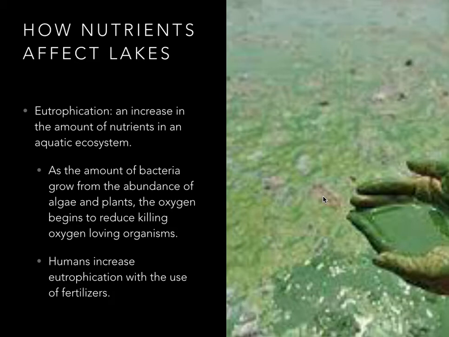And so when we have more algae growth, it's going to take away other elements from the ecosystem and kill off other organisms. So eutrophication is a big problem in our aquatic ecosystems. As the amount of bacteria grows from the abundance of algae and plants, the oxygen begins to reduce, killing oxygen-loving organisms like fish and other free-swimming organisms.